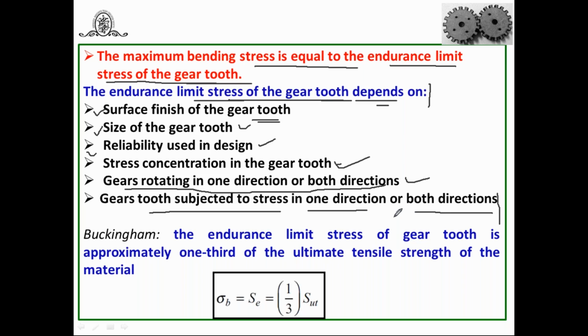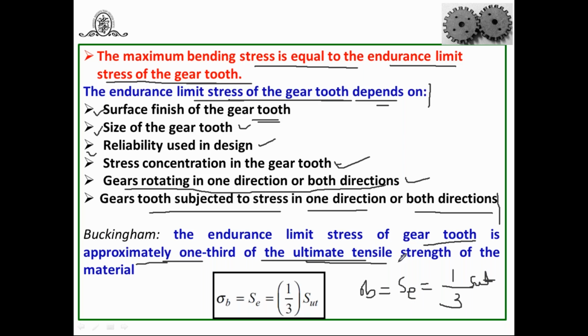Try to understand. And once it is subjected to fluctuating stress, then the endurance limit stress of the gear tooth is approximately 1/3 of the ultimate tensile strength according to Buckingham. Therefore, I am going to write sigma b is equal to Sc. Sc means endurance limit, is equal to 1/3 of Sut.